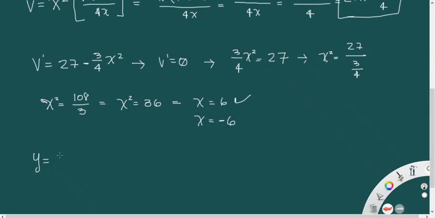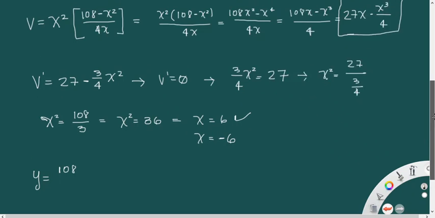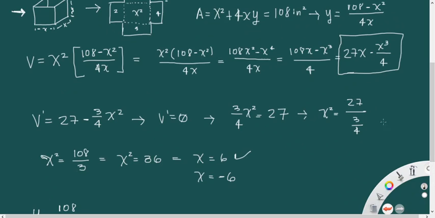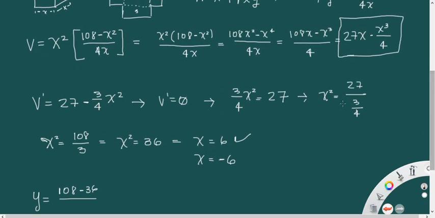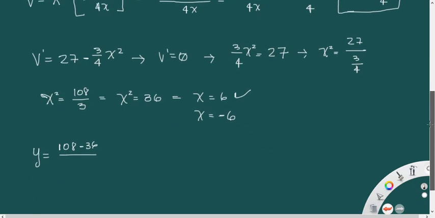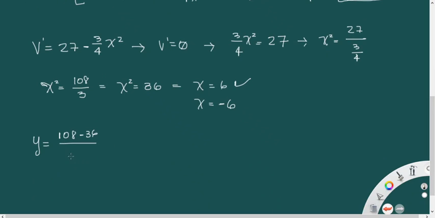And now it's fairly easy to calculate again this expression using the last equation that we found. This is equal to 108 minus x squared, which is 108 minus 36, divided by 4 times x, which is 4 times 6.